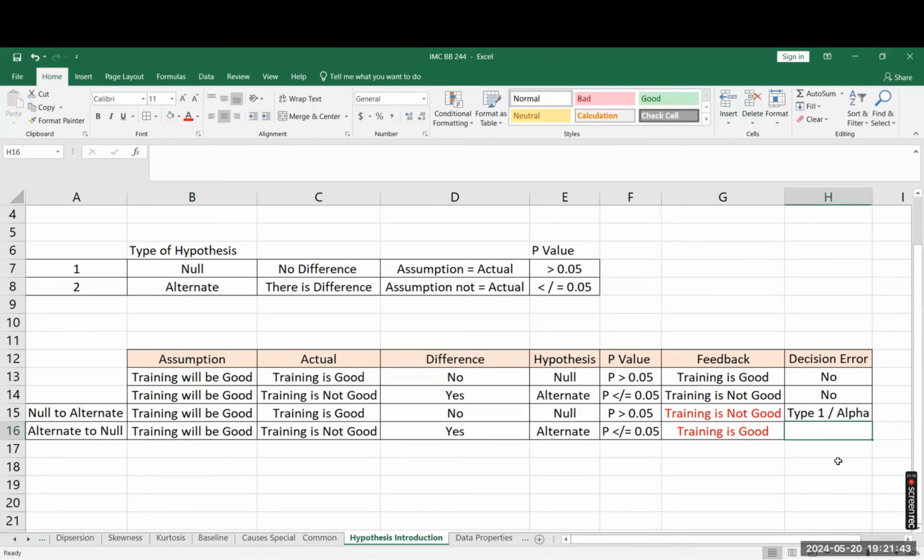Then this is called a type 2 error or beta error. And whenever we take a statistical decision, we always try to avoid the decision error. Okay? We always try to avoid the decision error.